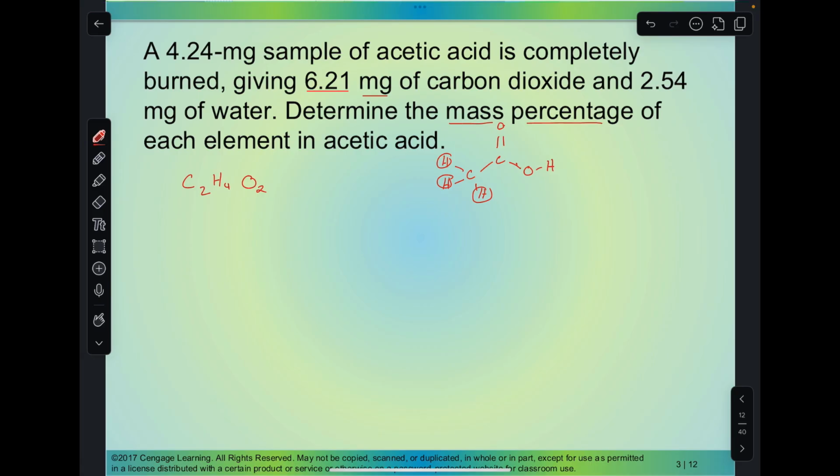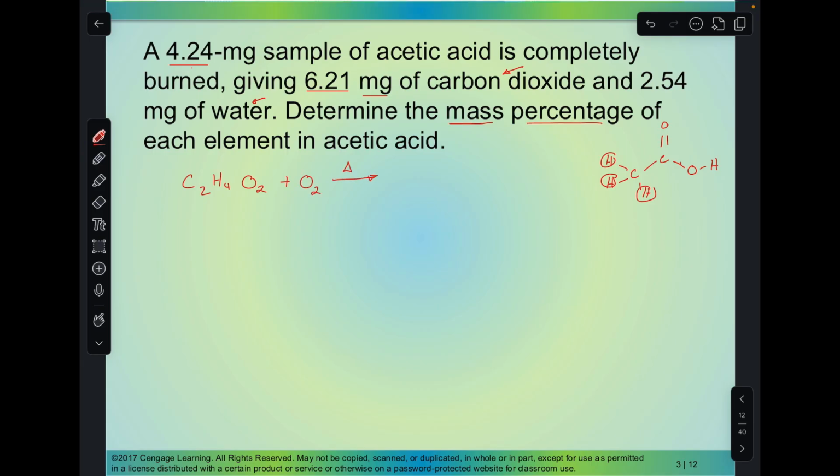What we want to do is, we know that this is our starting material, but in our calculations, we're going to start with carbon dioxide and water because we need to back calculate. I will move this over here so we can write the rest of the equation, but we know that it's going to interact with oxygen, and in the presence of heat, make CO2 plus H2O.